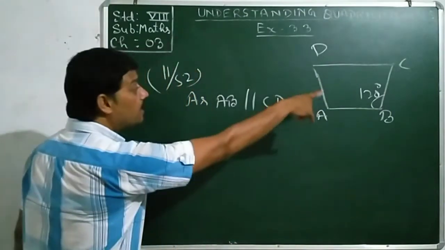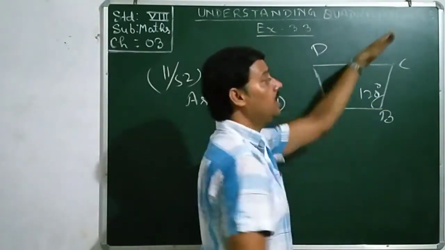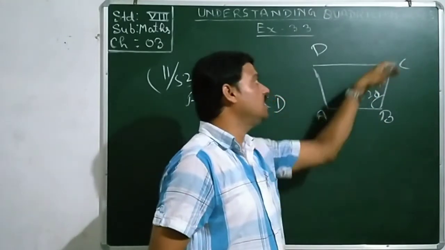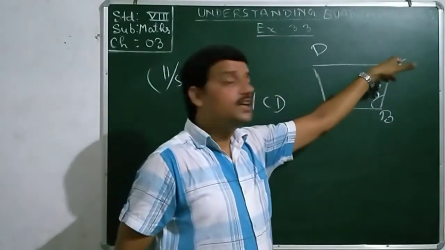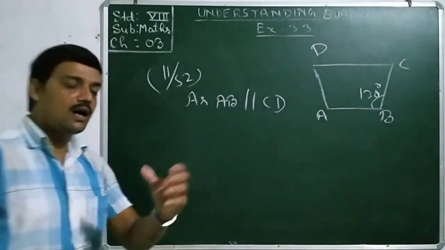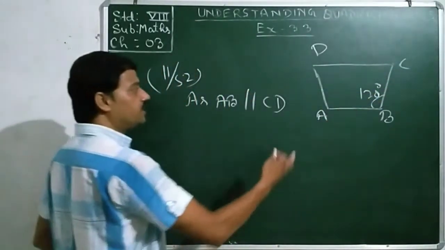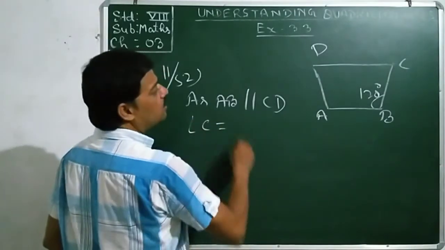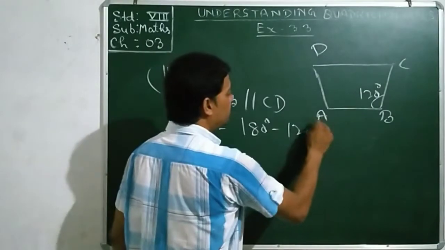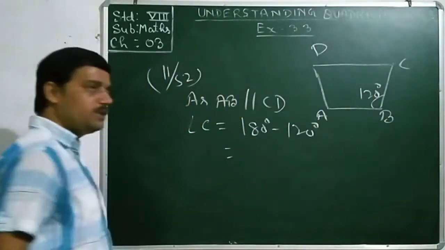So the measure of angle C: when two parallel lines are intersected by a transversal, the interior angles on the same side of the transversal are supplementary to each other. So angle C you can directly write as 180 degrees minus 120 degrees, which is 60 degrees.